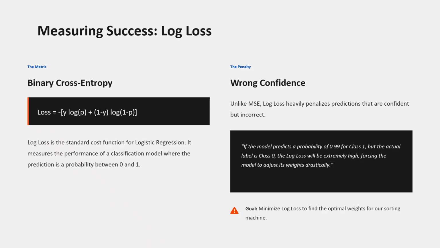Log loss really punishes confident but incorrect predictions. If our model is super sure about something, say 99% confident, but it's wrong, the log loss would be huge. This forces the model to learn and adjust its weights and biases as well. Our goal is to minimize this log loss, which will help us find the best possible weights for our model.